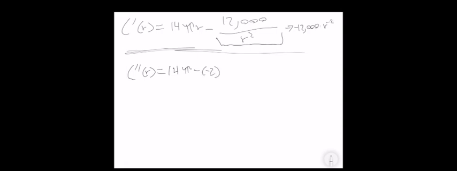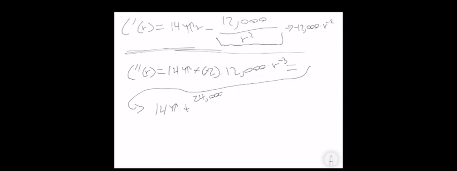Then we have minus negative 2 times 12,000 times r to the negative third, which equals, so the negative symbols cross out, so it's positive. So now we have 14 pi plus 24,000 over r to the third.